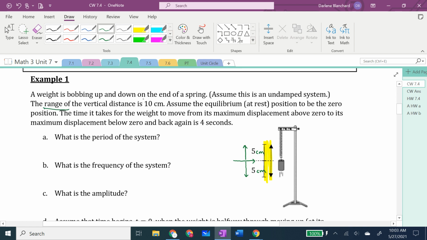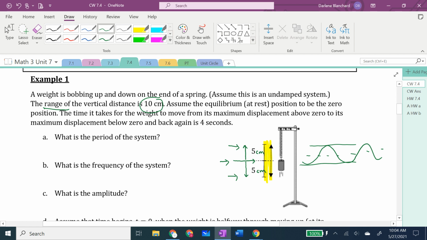So its range is 10 centimeters. But what you want to understand is that what you're given there is a high point, a low point, and a midline, just like with the graphs that we draw of sine and cosine. Those are an exact match, in fact.